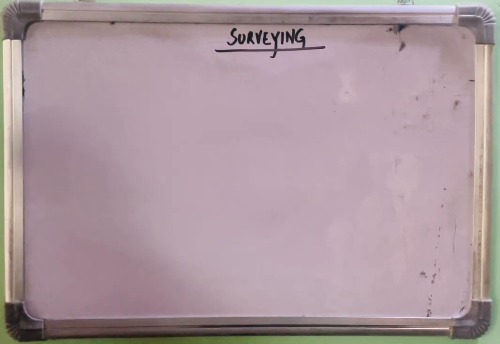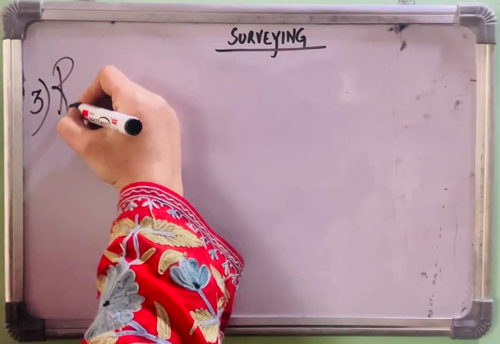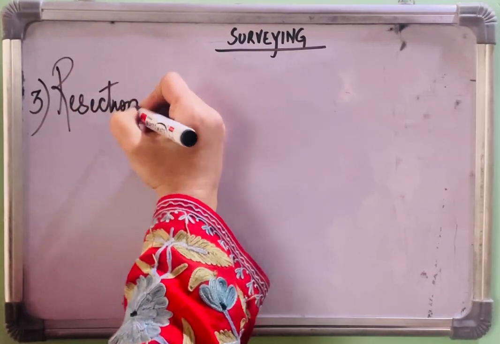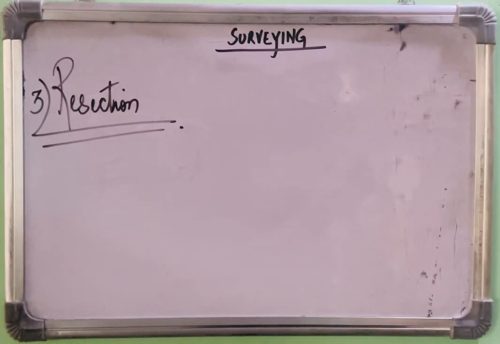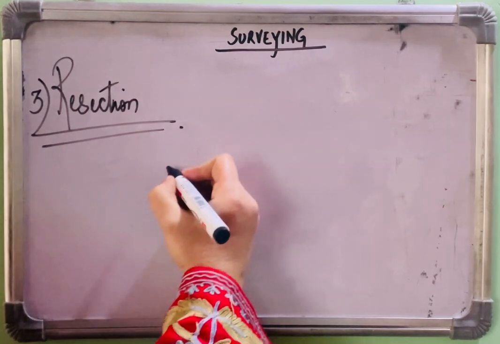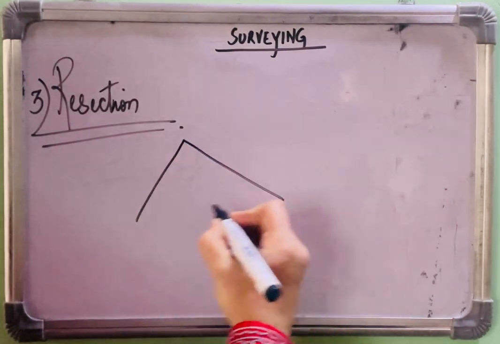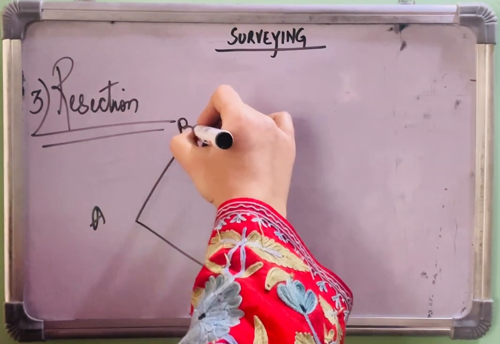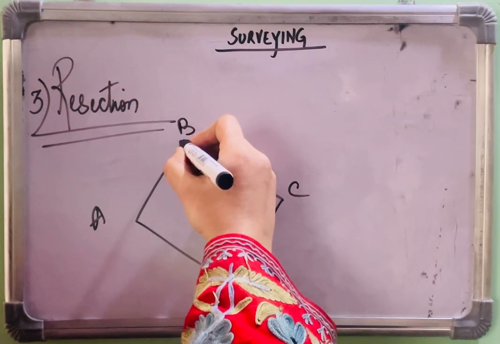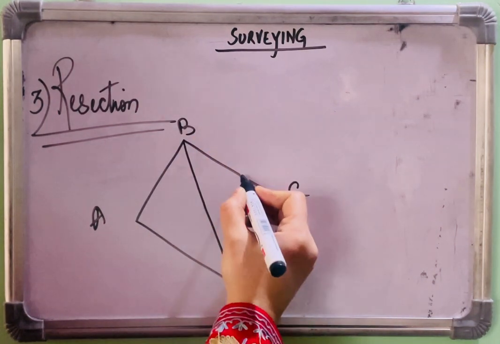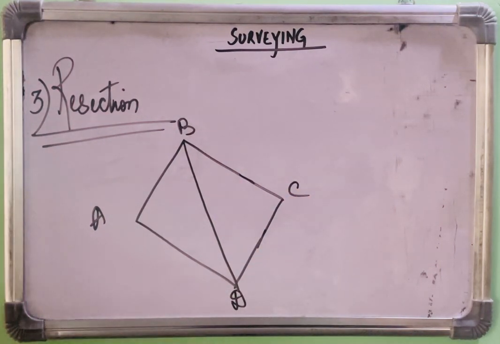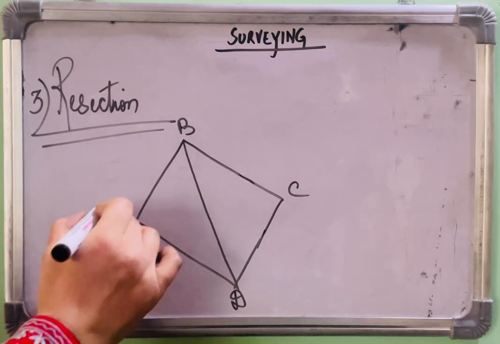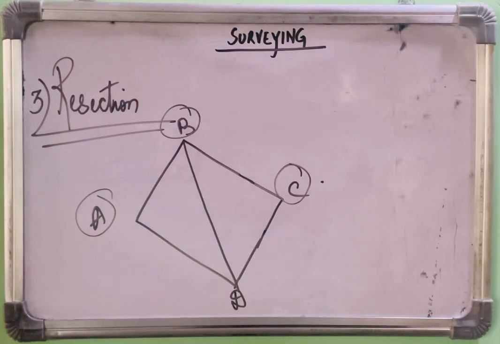Moving on, the third method is known as resection. Let me illustrate this with the help of a diagram as well. A, B, C, and let's suppose this is point D. We have 3 points A, B, C, whose positions are known to us, and we have to fix the position of another point D. How can we do it?